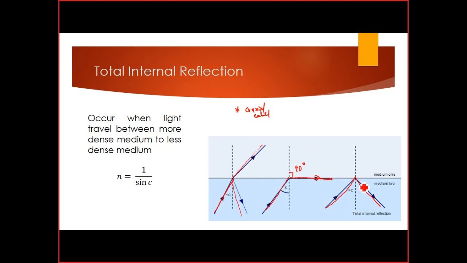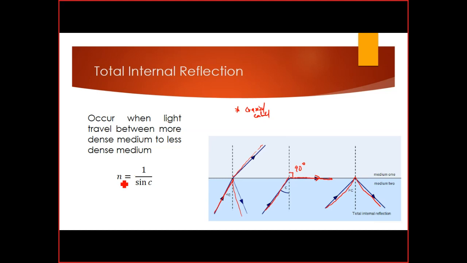It is very similar to having a mirror, but you don't have a mirror. This is just between two different media, where this one is higher density compared to this one, and the light is striking at a bigger angle compared to the critical angle. So this is the situation.